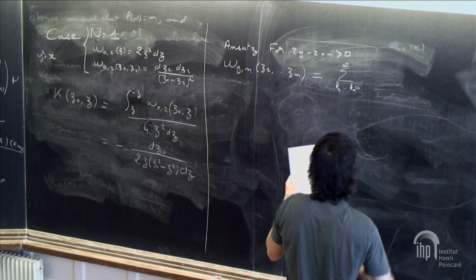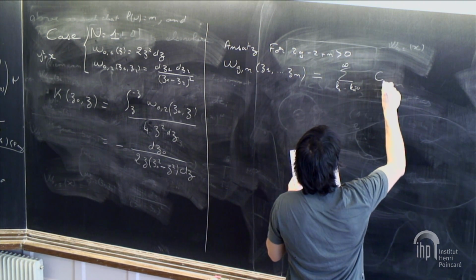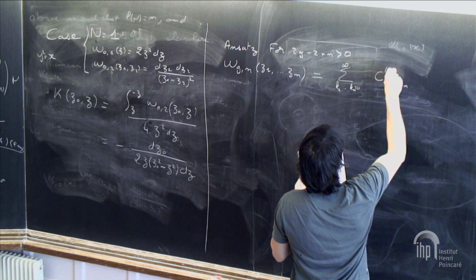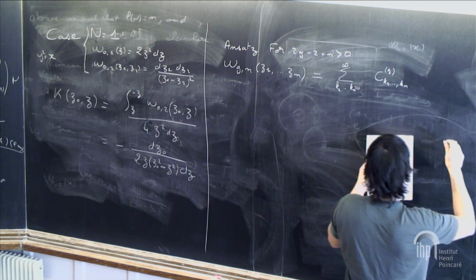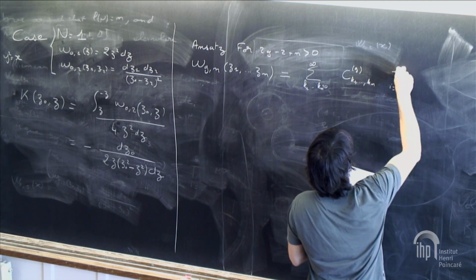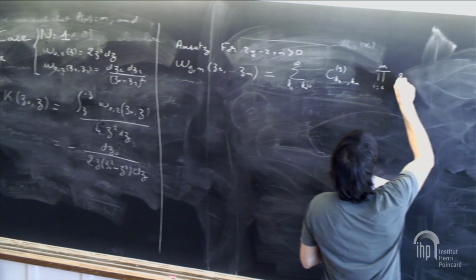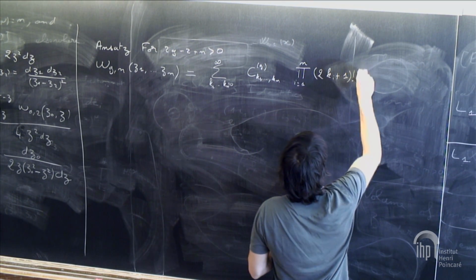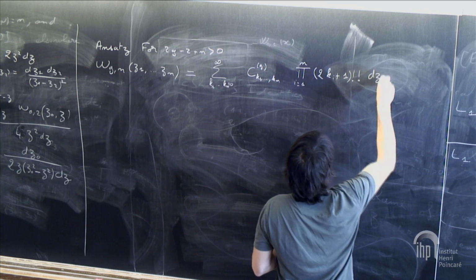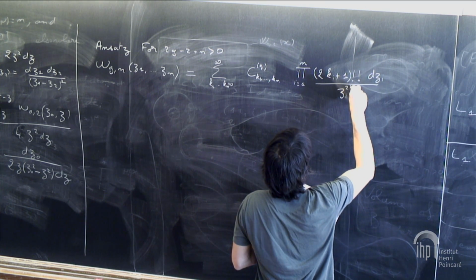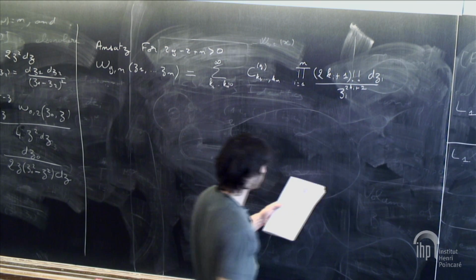And I write it in this way: some coefficient c_{k1...kn}^g, product from i equals 1 to n, (2ki plus 1) double factorial dzi divided by zi to the power of 2ki plus 2.